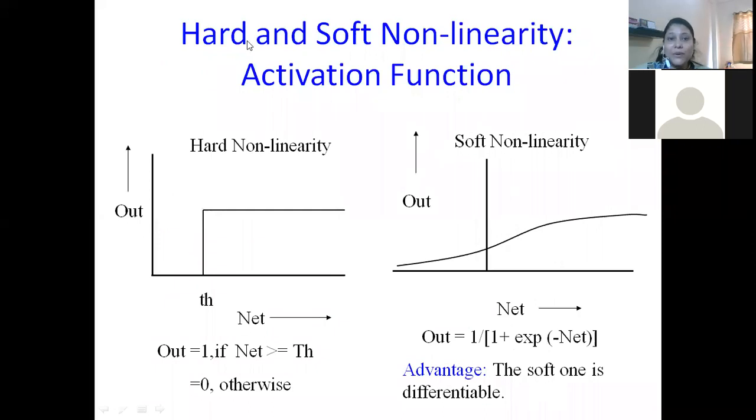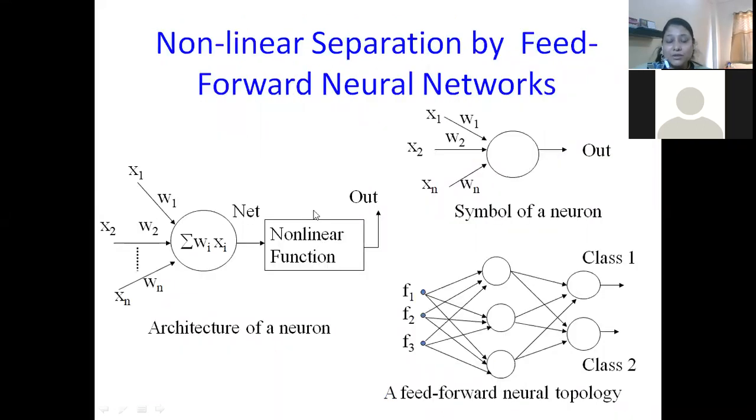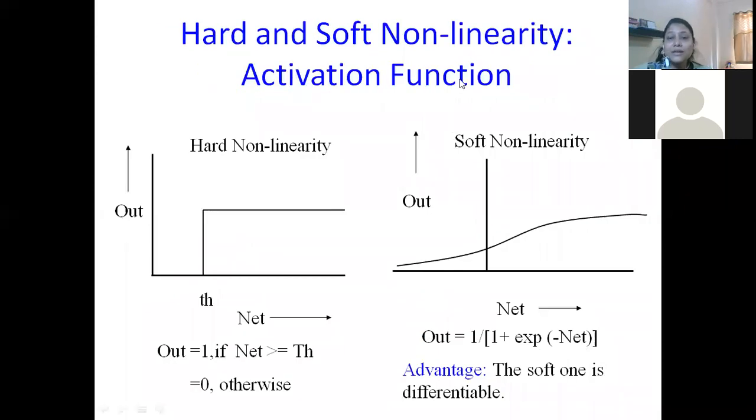Now, whenever we are talking about this non-linear function, automatically this function has certain non-linearity. So what kind of non-linearity can we deal with inside this non-linear function? This is nothing but hard and soft non-linearity.